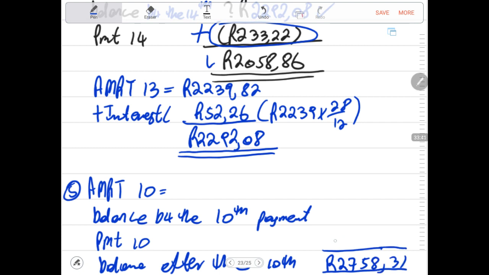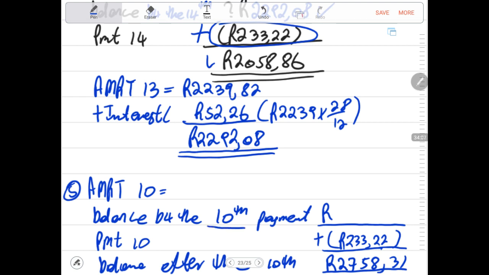Then now I need to say no, my 10th payment was not this amount of 233.22. I need the balance before this payment was made, because the 10th payment is 1,380. So I need the balance before this payment was made. Therefore it has to be balance after, and add this back in order for me to get to the balance when the 10th payment was due.